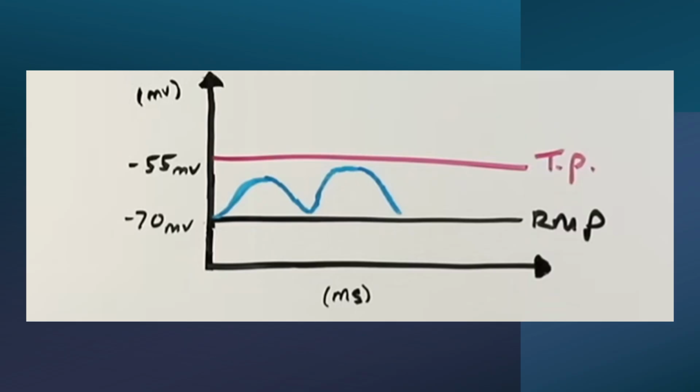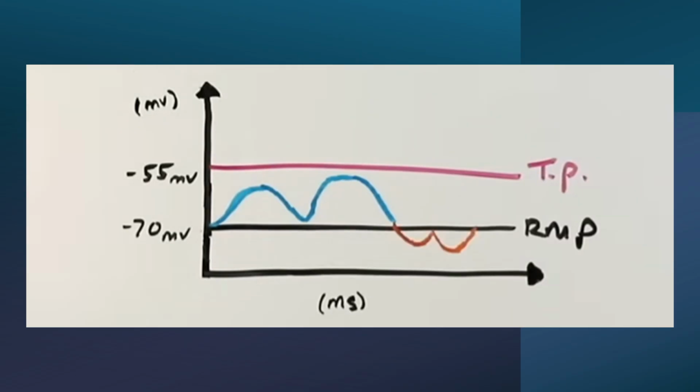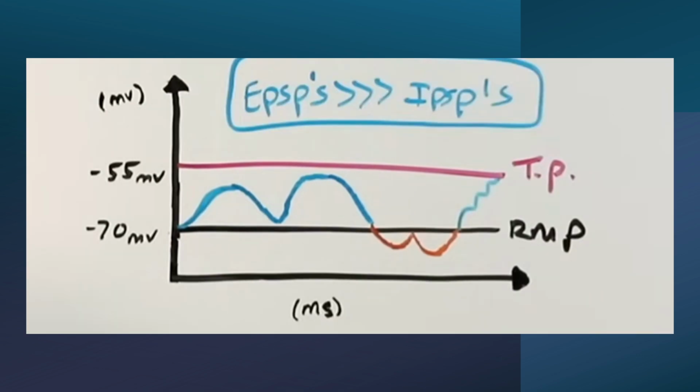And then another excitatory gets it up to negative 60. We're not at the threshold potential yet. And then let's say we have inhibitory, getting it back down to negative 80 and maybe negative 90. And then we go back to negative 70. Once we have enough EPSPs, eventually we hit negative 55, which is our threshold potential, and then we get going.